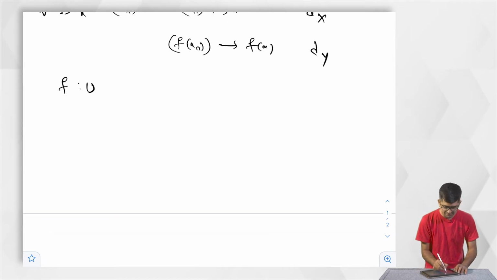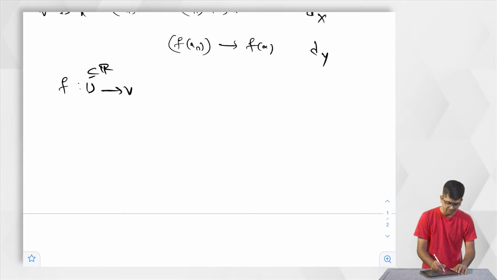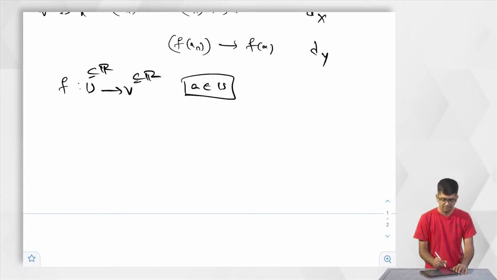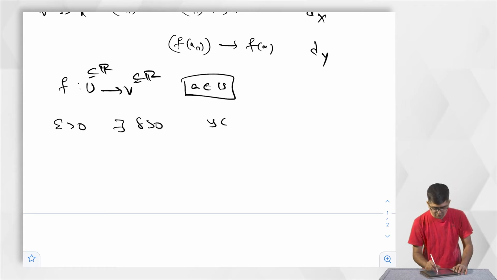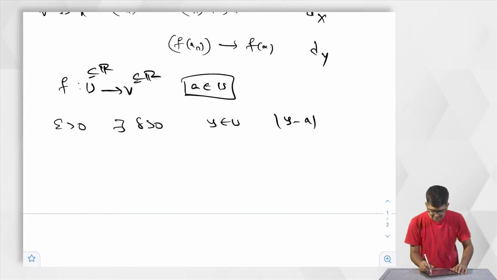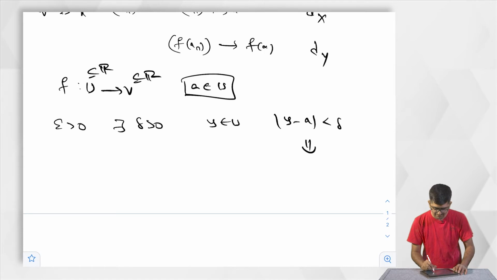A function f from U to V, both subsets of R, is said to be continuous at an element A belongs to U if given epsilon positive, there is a delta positive such that whenever y belongs to U with the property that |y minus A| is less than delta, we should have |f(y) minus f(A)| less than epsilon.